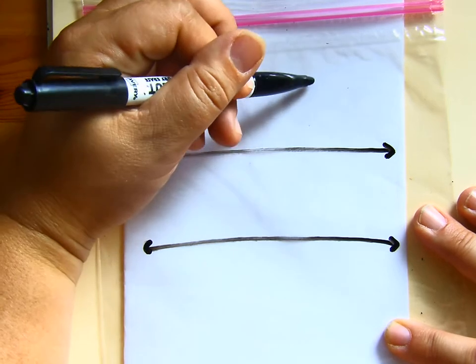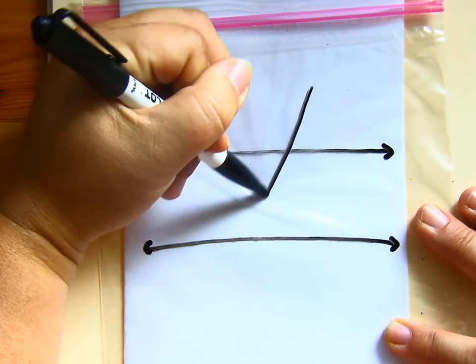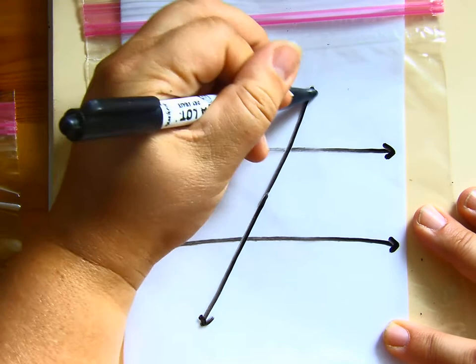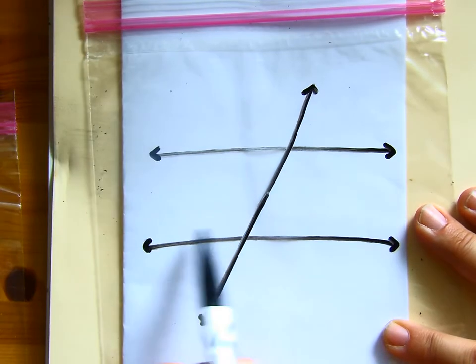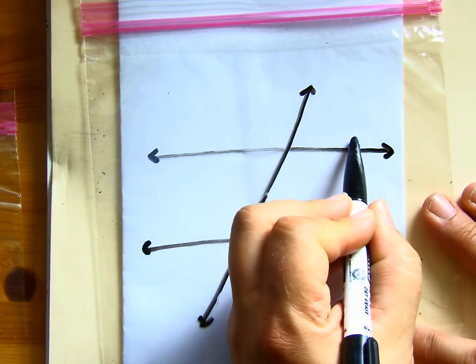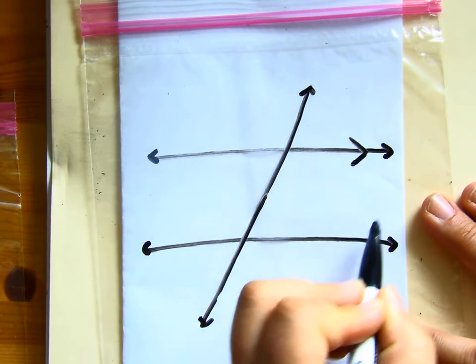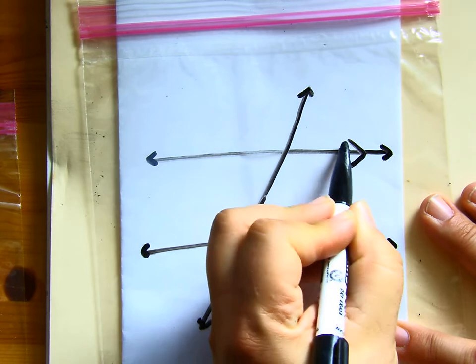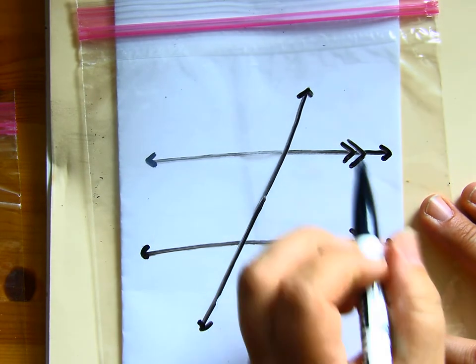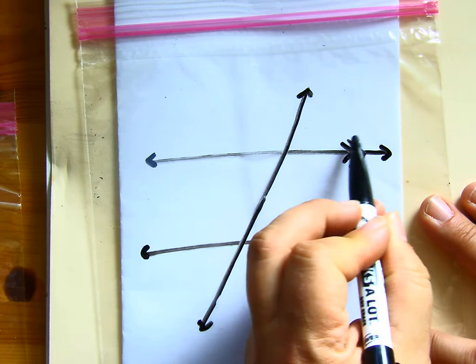And then we're going to create our transversal. So if you remember, a transversal transfers and cuts through a set of parallel lines. How do we know these guys are parallel? Because I'm going to indicate by either a single, or in this case a double set of what are called chevrons.